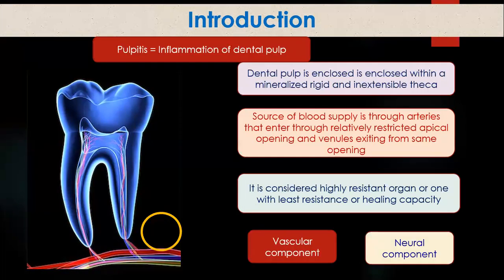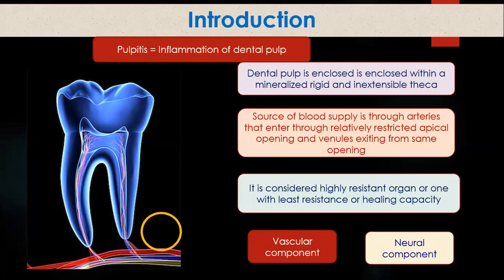So the two most important components that are responsible for pulpitis are the vascular component and the neural component. The vascular component will lead to the stimulation of the neural component, and the neural component in turn will give us the clinical signs and symptoms, or will lead to some changes within the vascular component in some aspects.